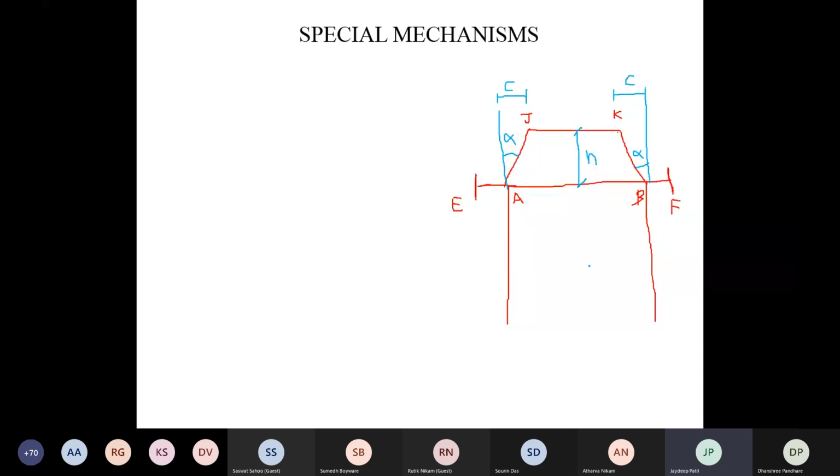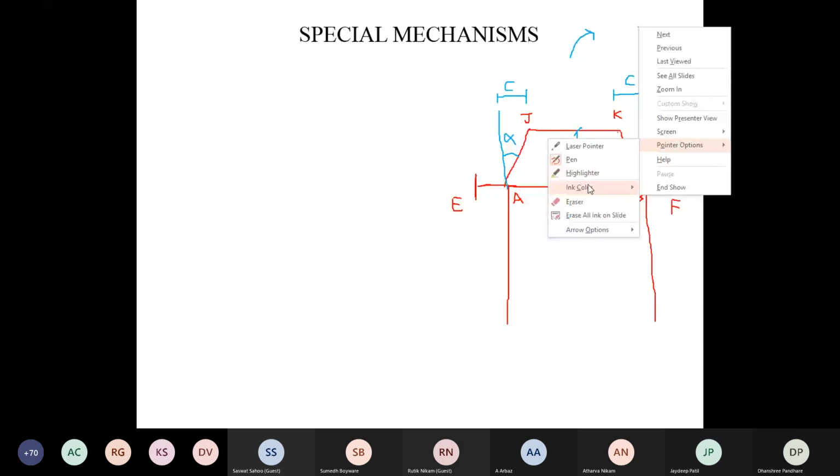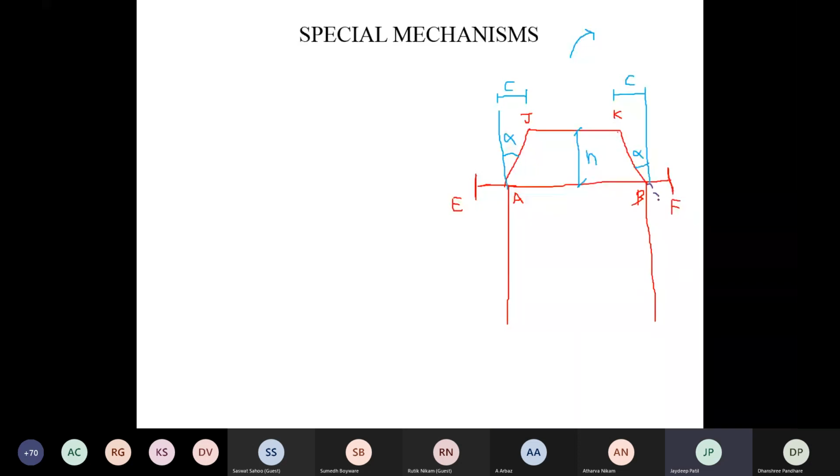Now see here, while the vehicle takes a turn towards right, what happens? The front wheels get turned. The inner wheel gets turned at an angle theta.